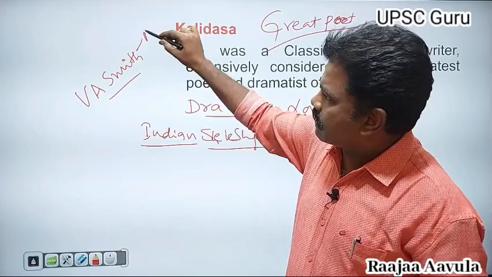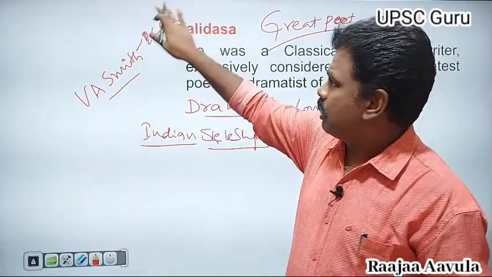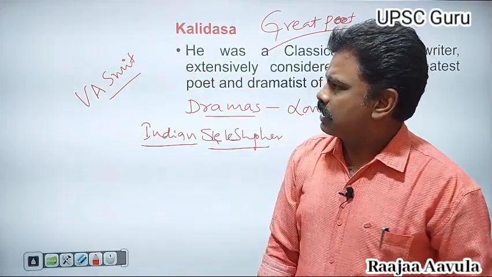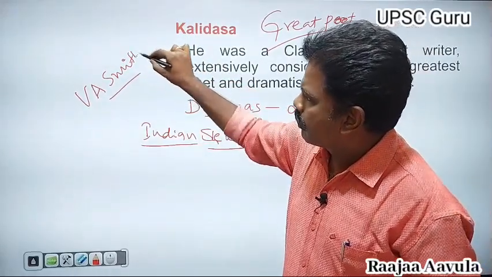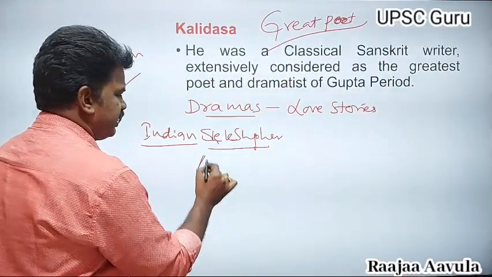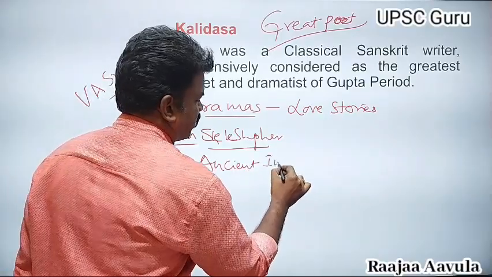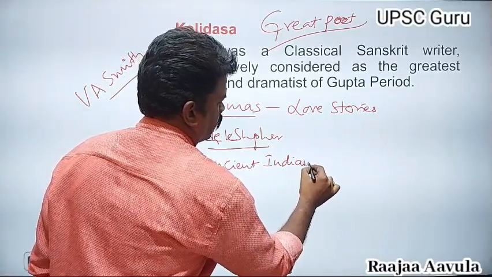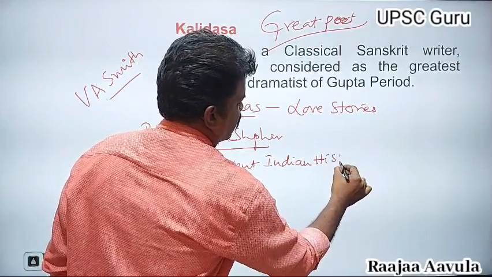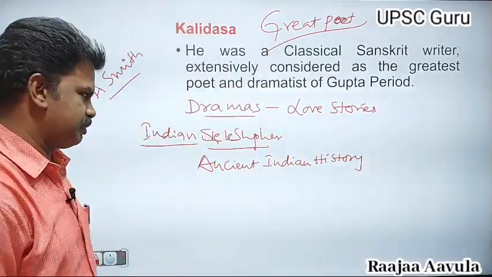Originally he was an ICS officer of that period, who worked as an ICS officer in India. He wrote a book on ancient Indian history. He was a retired ICS officer.